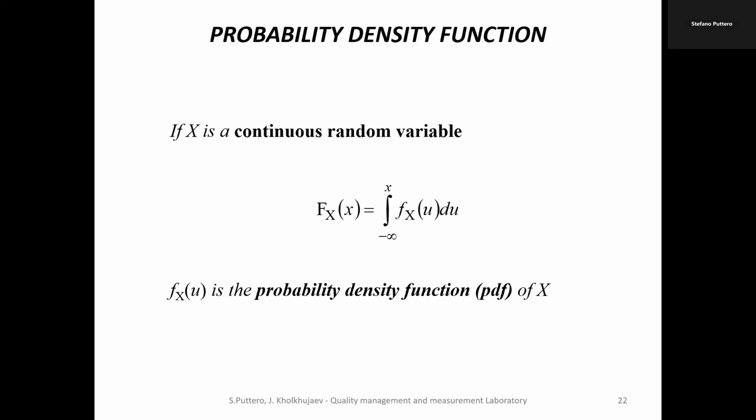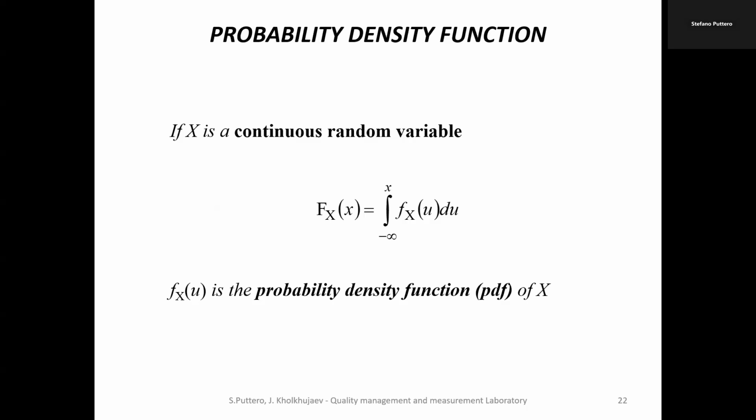A continuous random variable is a variable that can take any value in the set R, whereas, as already mentioned, a discrete random variable associates only certain values in the set R. So when we are dealing with a continuous variable, things change.